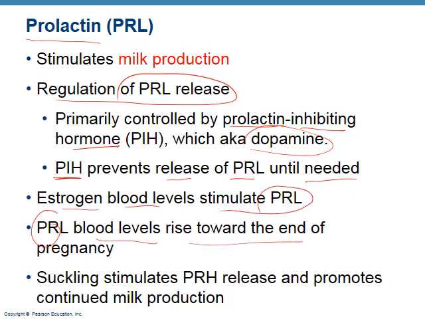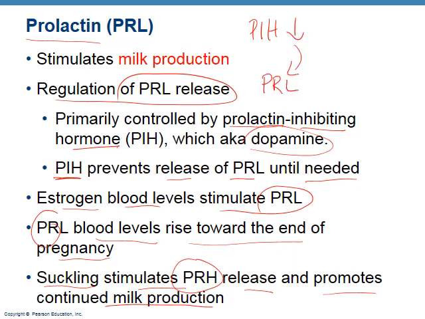Prolactin blood levels rise towards the end of pregnancy, and suckling stimulates prolactin hormone release and promotes milk production. So basically, if your prolactin inhibiting hormone is low, then you're going to release prolactin. That prolactin is obviously going to go to breast tissue, and you're going to do what? You're going to produce milk.